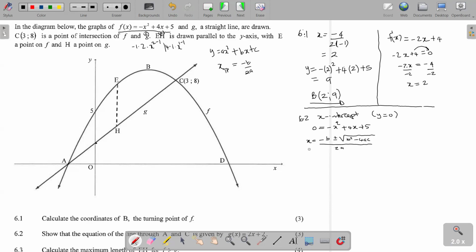When you substitute, x will be equal to minus the b, which is 4, plus or minus the square root of 4 squared minus 4 times a, which is negative 1, the coefficient of x squared, and c is 5, all over 2 times a, which is negative 1.